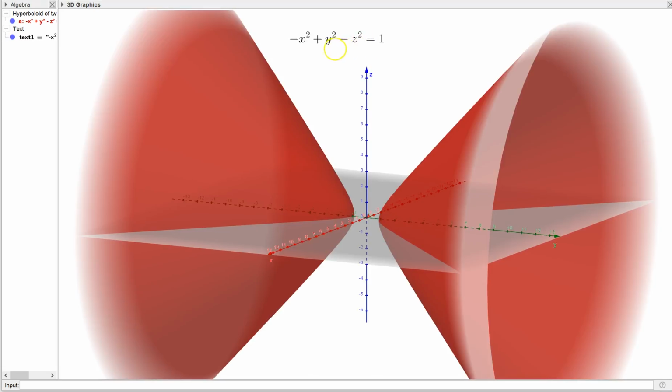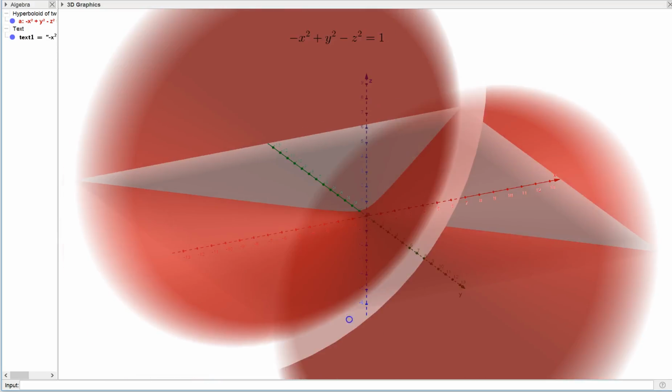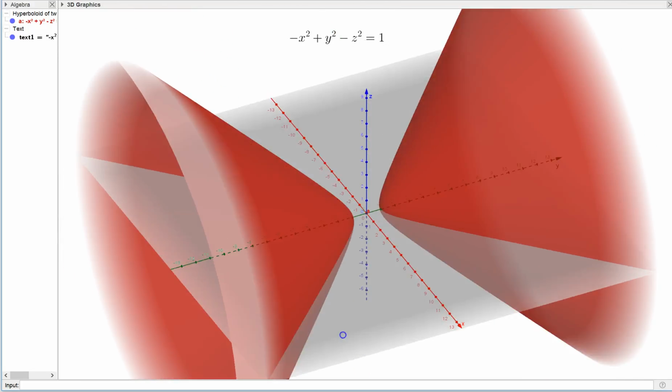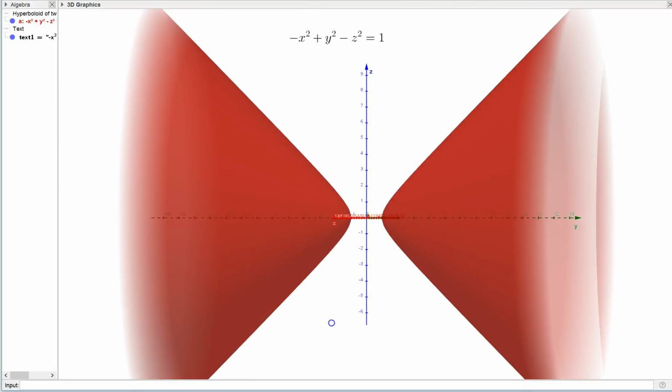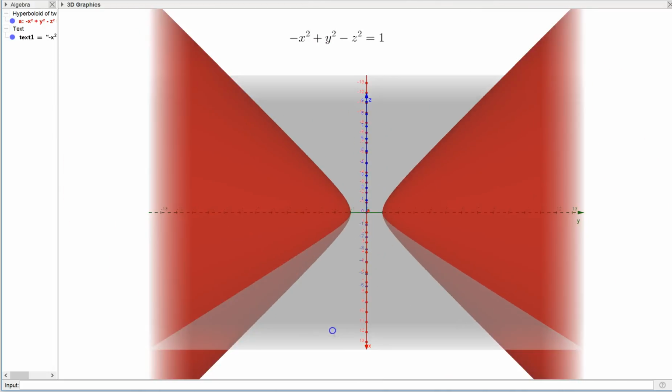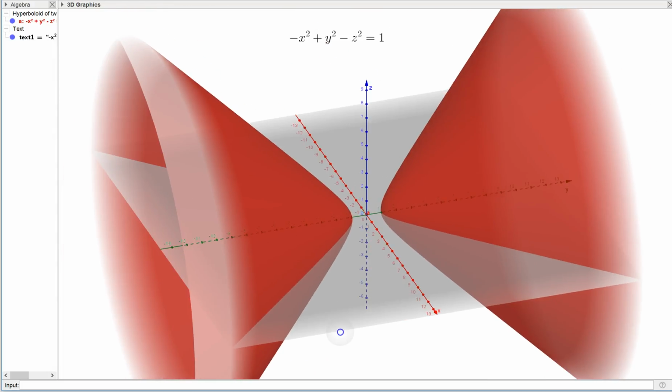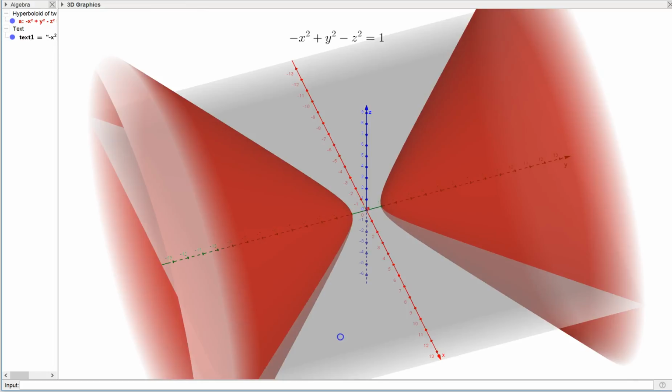So here's our rectangular equation that we just created from our cylindrical one. And as you can see, in 2 dimensions it would be a hyperbola. This is a hyperboloid.